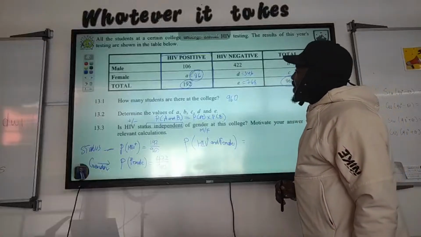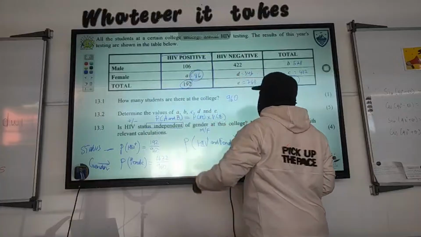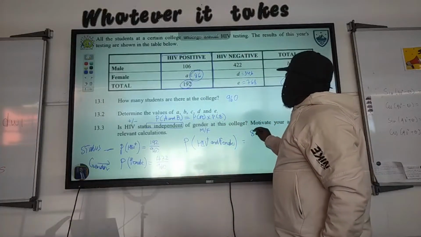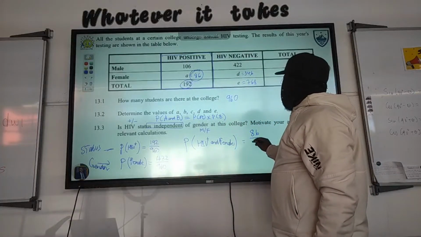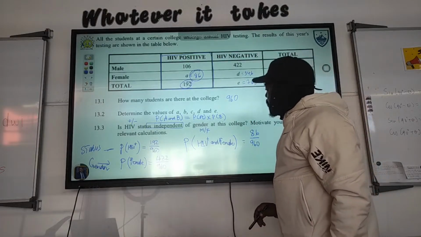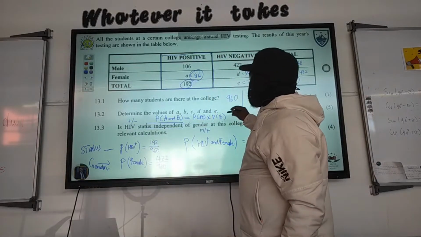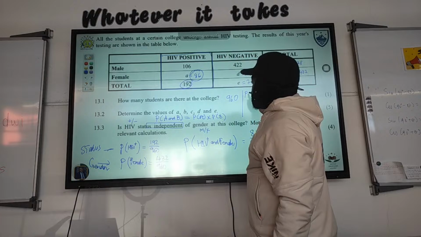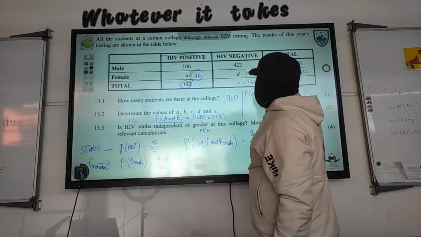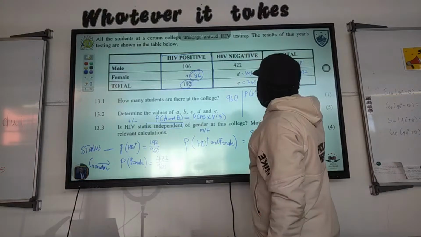That's the intersection. HIV positive and female combine at 86. So the probability will be 86 over 960. Now we're going to use this formula to find the probability of HIV positive multiplied by the probability of being a female.